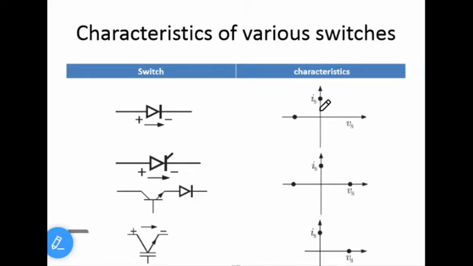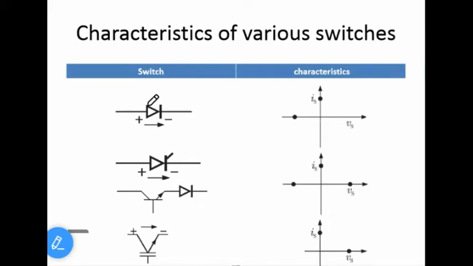Therefore, if you observe the characteristics of the diode during the forward biased condition, for an ideal case, the voltage across the diode will be 0 and the current passing through the diode depends upon the load resistance.